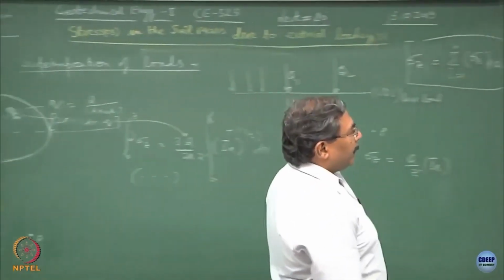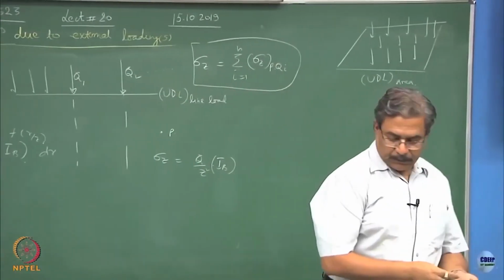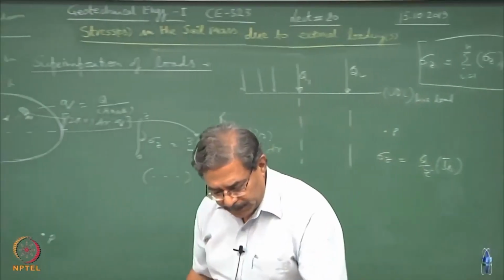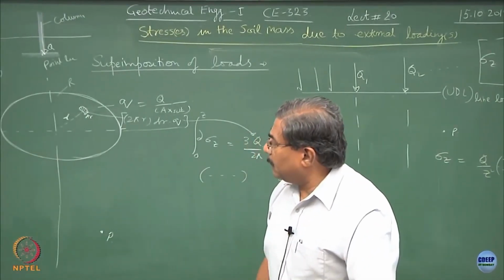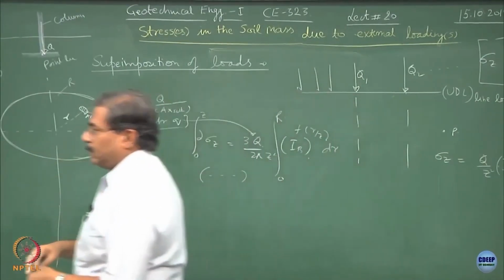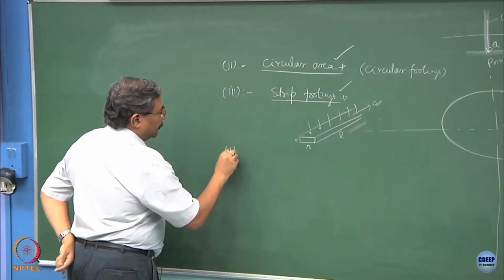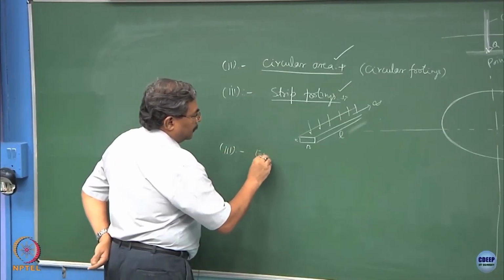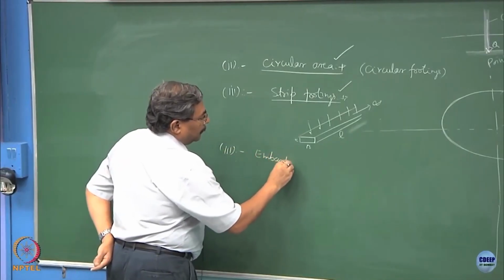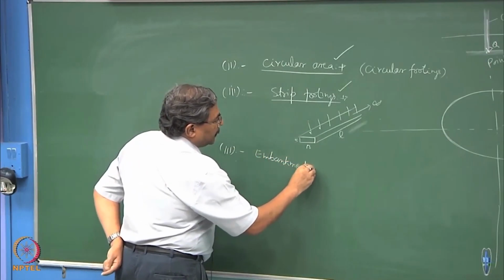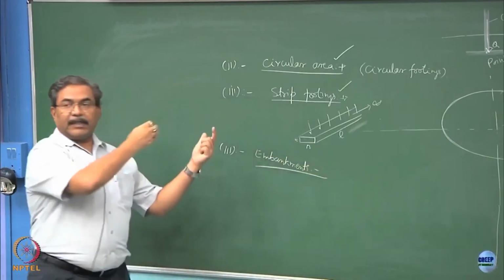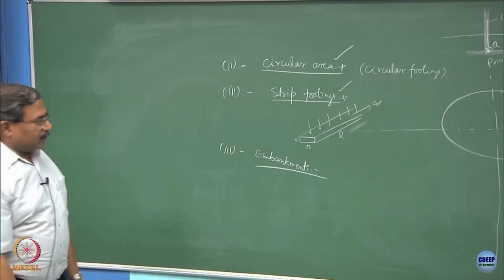Now whenever you make embankments, as far as the foundation part is concerned, this is nothing but strip foundations. Embankments are nothing but the dams which we were discussing in the previous lecture as far as the seepage analysis was concerned.